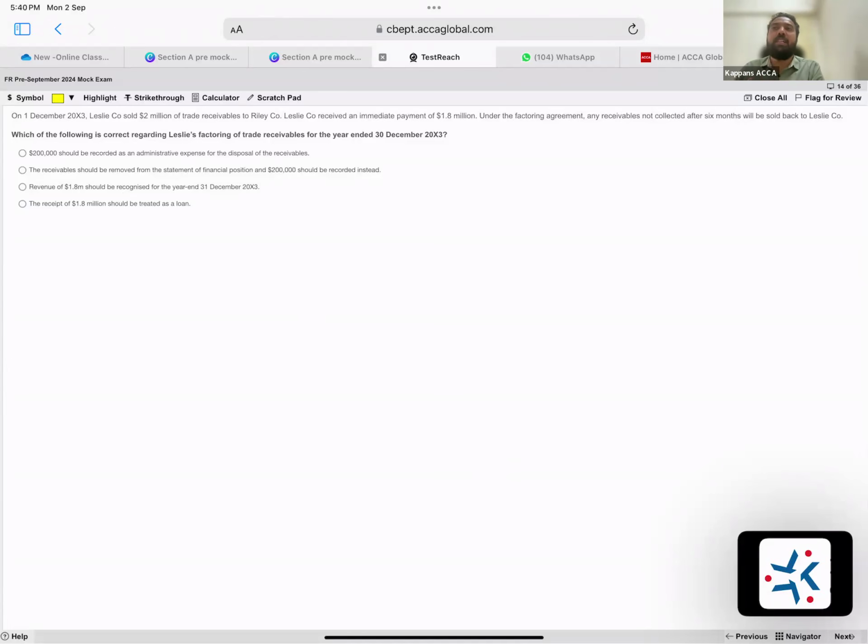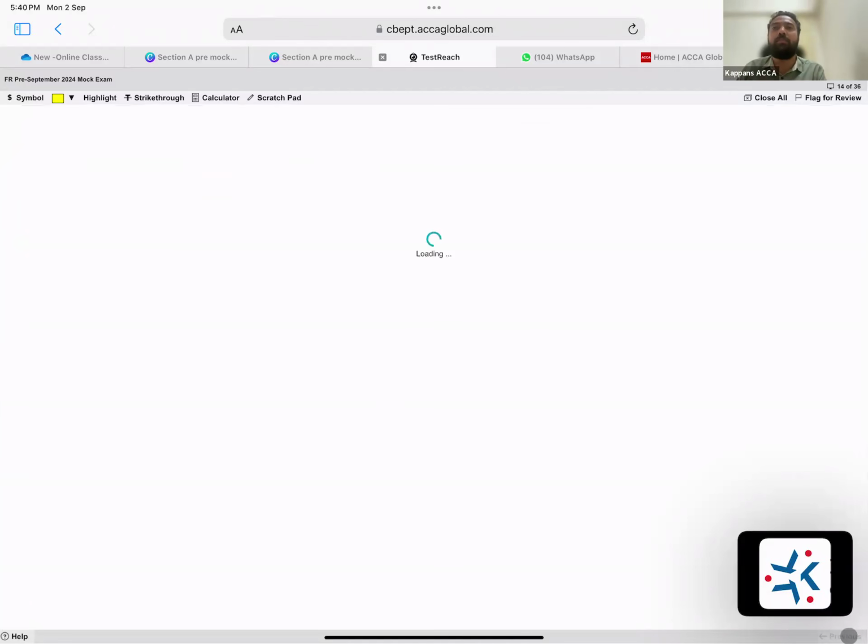So this is basically a factoring arrangement with recourse. The risk and reward is not transferred. So if risk and reward of bad debt or irrecoverable debt is not transferred, then any cash receipt will be recorded as a financial liability. So straightforward, the cash receipt of 1.8 million should be treated as a loan.